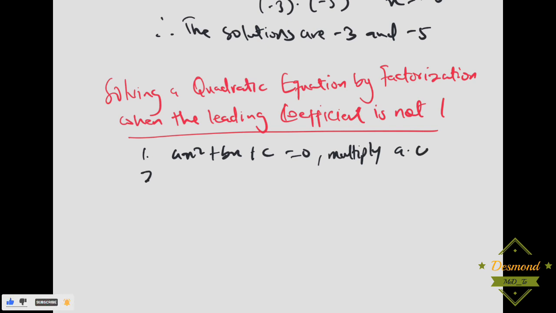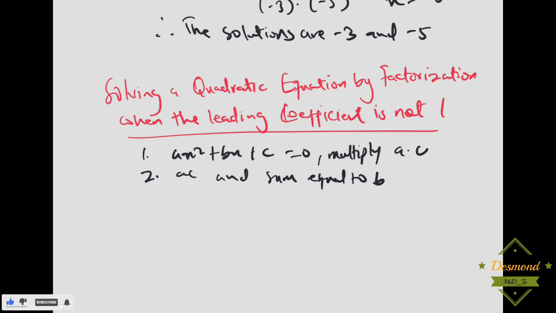Then the second thing is to find two numbers whose product equals AC and whose sum is equal to B. So the sum should be equal to B and the product should be equal to AC, right?